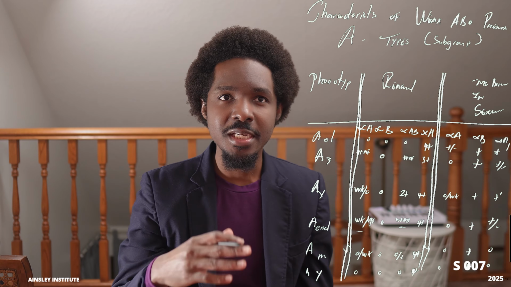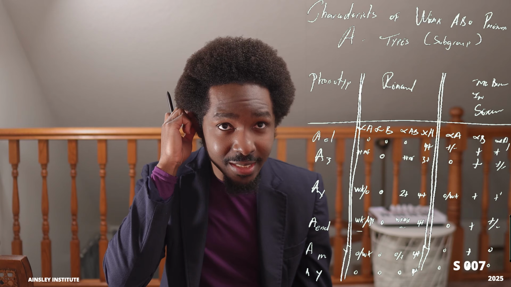All right? So these are just some characteristics of the weak ABO phenotype that I think you should bear in mind so that you can have an appreciation for the whole design of the ABO blood group system.